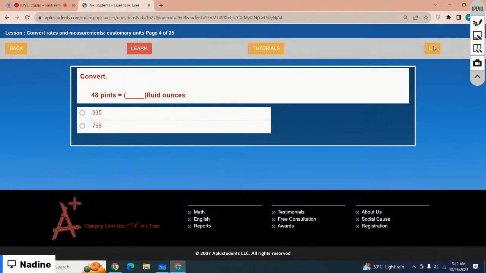Okay, 48 pints equal how many fluid ounces? You have to convert from pints to fluid ounces. 1 pint equals 16 fluid ounces, right? So you need to do 16 times 48.